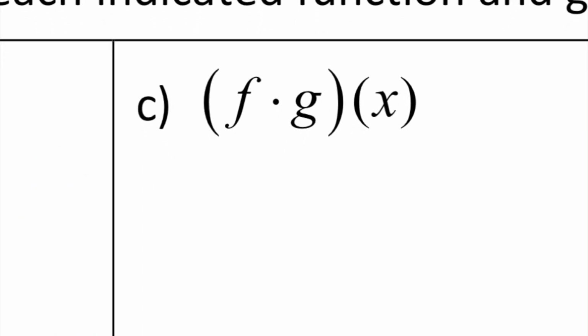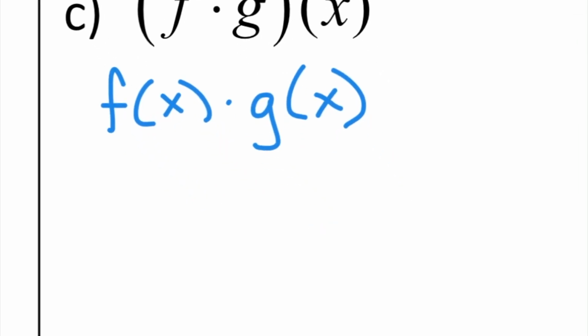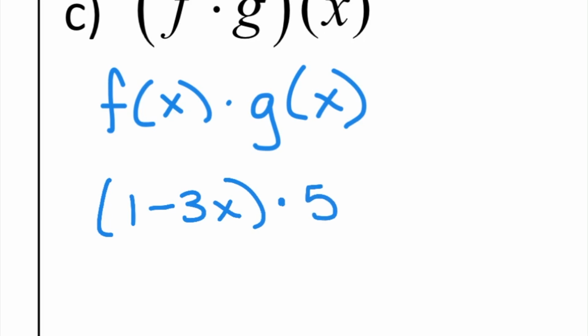In letter C, you want to multiply f of x times g of x. And f of x is 1 minus 3x, and g of x is 5x to the third power.